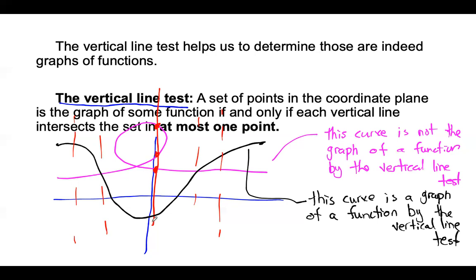And you can see this red line, back to the pink graph or curve. This red line intersects it here and here and here. So we can make a little note, just so you remember, this vertical line intersects the graph in more than one point.